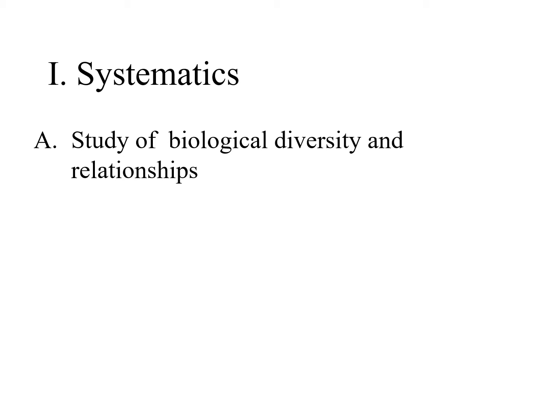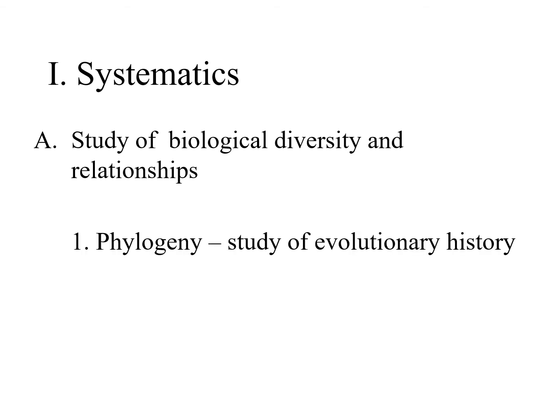And there's basically three facets to systematics. One would be phylogeny, and that's what we're going to focus most on. Phylogeny is the study of evolutionary history. So folks who do phylogenetic studies try to reconstruct the evolutionary history of a group of organisms.